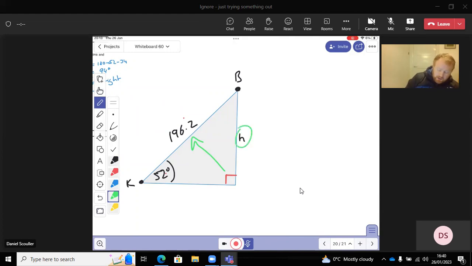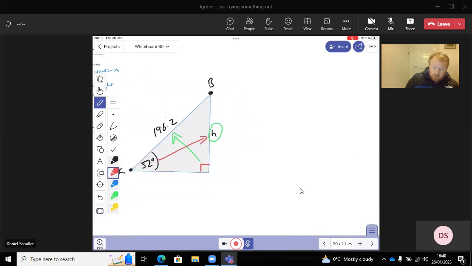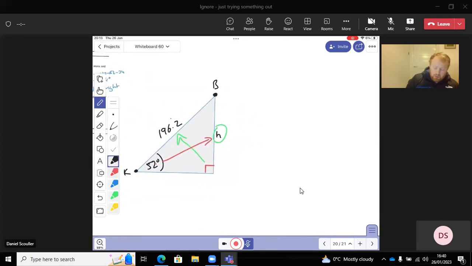And a missing side that we're trying to find out, which is opposite the angle that we get given. So this goes back to when it's a right angle triangle, we can use something called SOHCAHTOA.